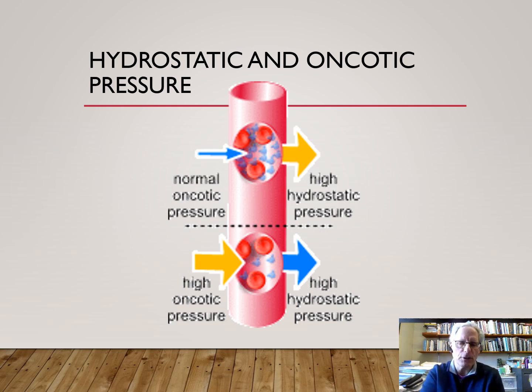Now, hydrostatic pressure or osmotic pressure is typically measured as the force required to resist the movement of that water from the cell with fewer solutes to the solution that has more solutes. Also, if the cell finds itself in a situation where there are very few solutes outside the cell, then water will rush into the cell. And once again, in this situation we have low oncotic pressure inside the cell, so the cell can't resist the influx of water.